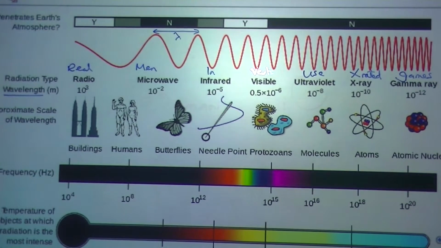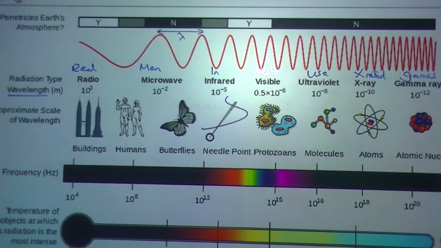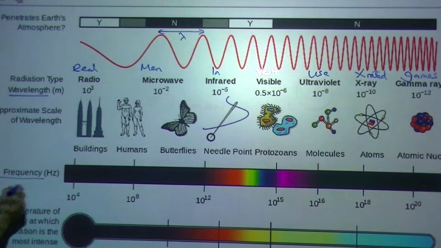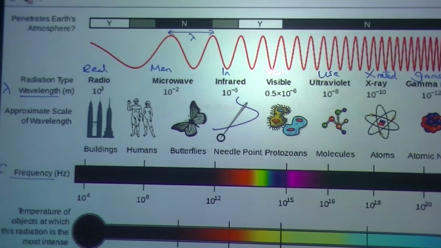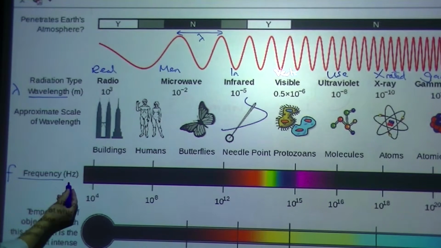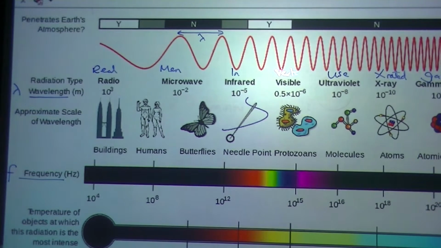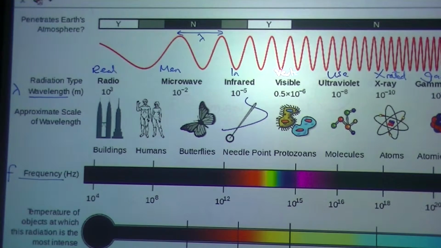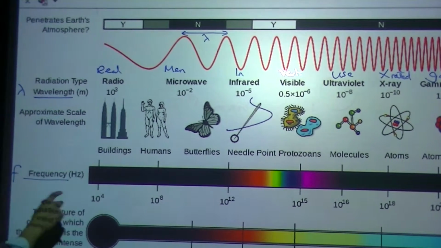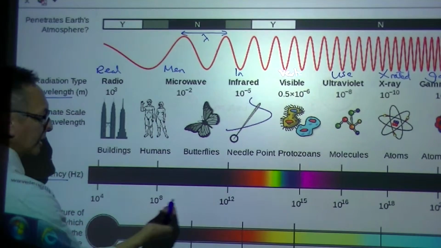Now, what else do you need to know about these types of waves? Well, you need to know something about the frequency, often written as F. Frequency is measured in these units called hertz, capital H, little z for short, named after the famous fella all them years ago who actually investigated radio waves. But you'll notice these numbers again in standard form.